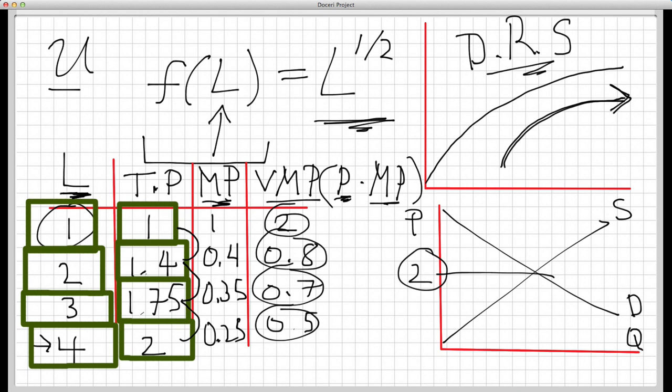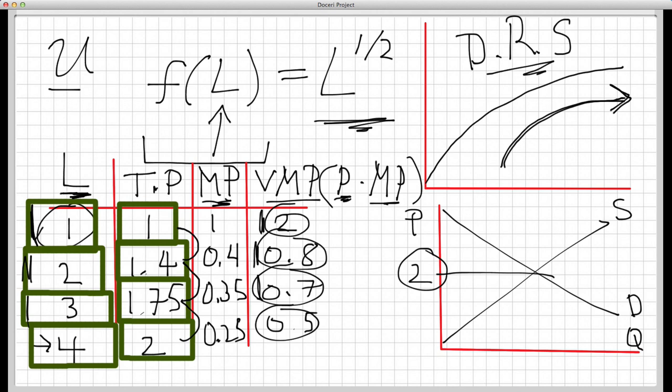With these in hand, how does the firm decide how to profit maximize? Well, it says, I know from putting the first unit of labor in, I get this $2 from that labor put in. From the second guy, I get 0.8. From the third lady, I get 0.7. So at each point, they know exactly how much additional value each laborer is providing them. So will they ever pay a wage higher than the value marginal product?